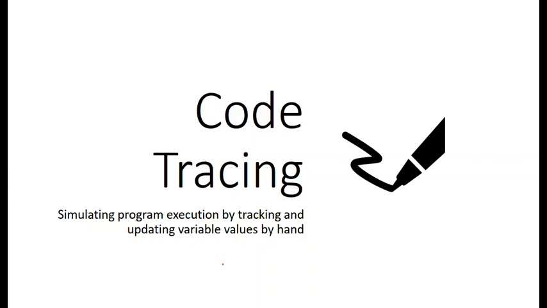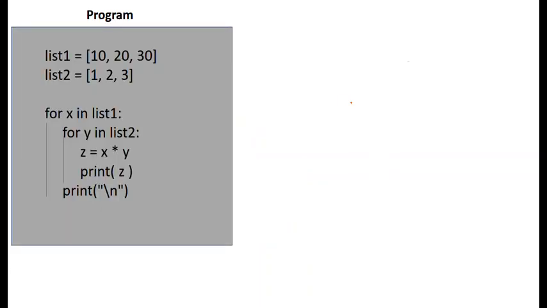After that, we can rectify the mistake at that point, rerun our program, and see if we have gotten the results that we expected from this program. So you can actually see from now how code tracing can be a very helpful skill, right?